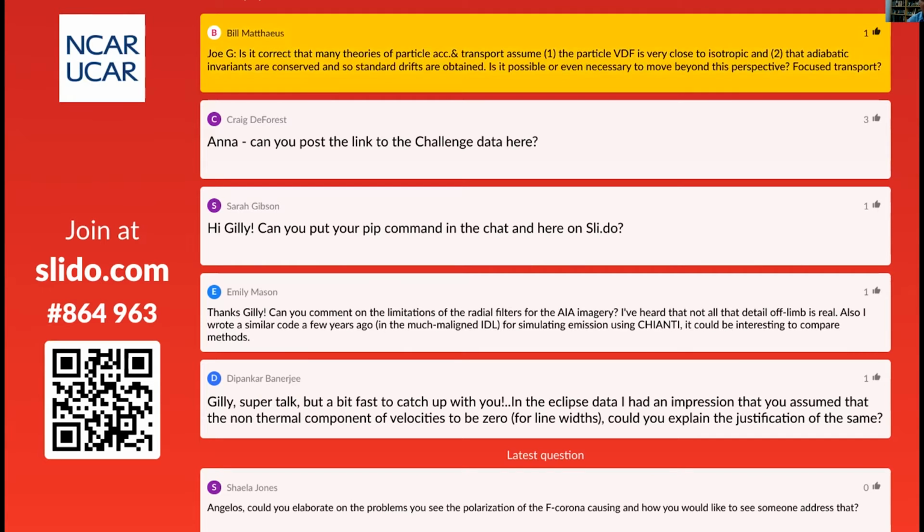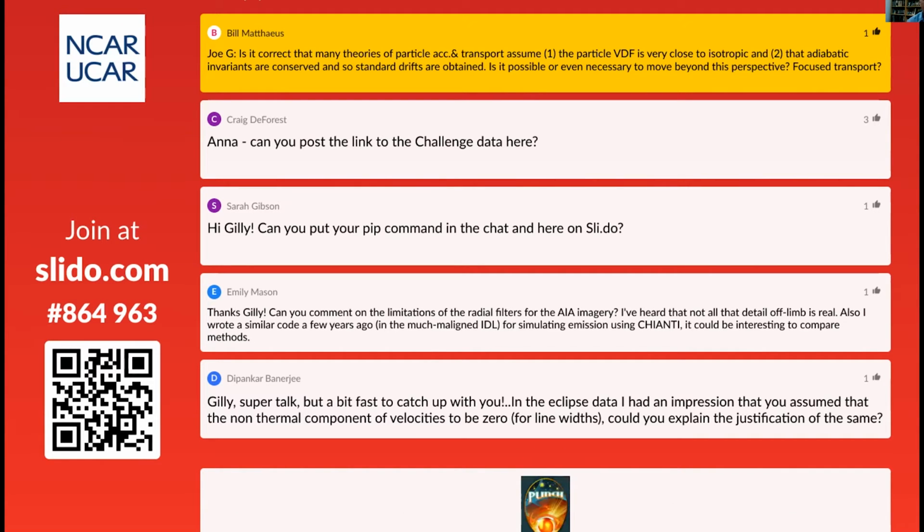But focusing only on strong shocks, there is a sort of universal limit on the plasma density jump. The strong shock limit is a density jump of 4. So it's essentially a universal process. You would expect the power law at low energies at a supernova remnant to be the same as at a very fast CME driven shock. So the spectral slope would be the same. So yes, it's essentially universal.